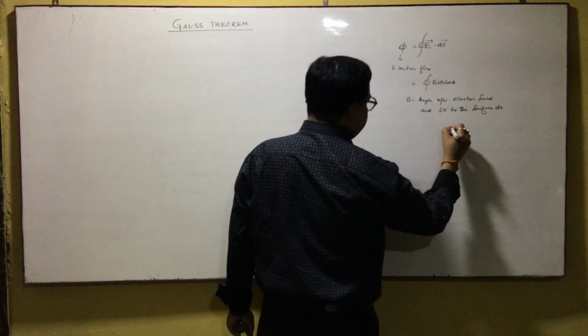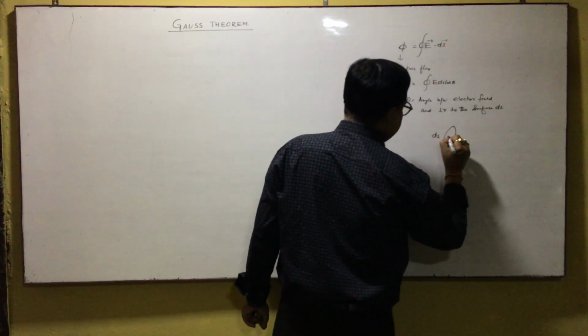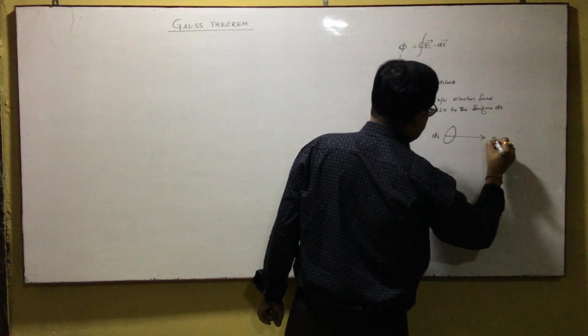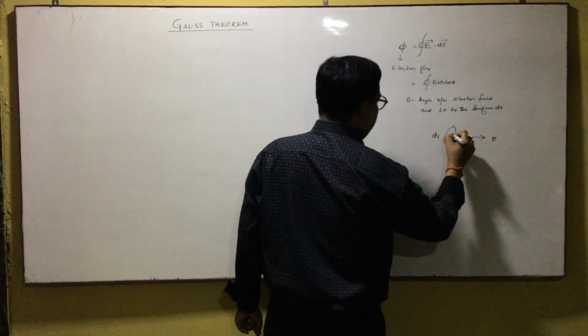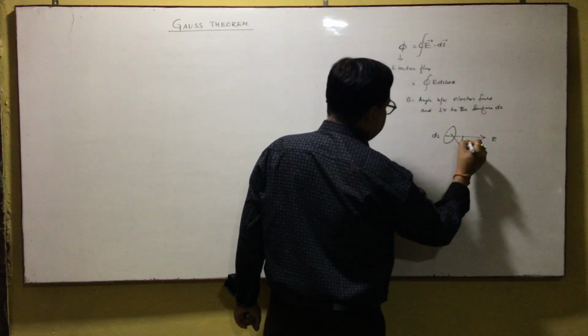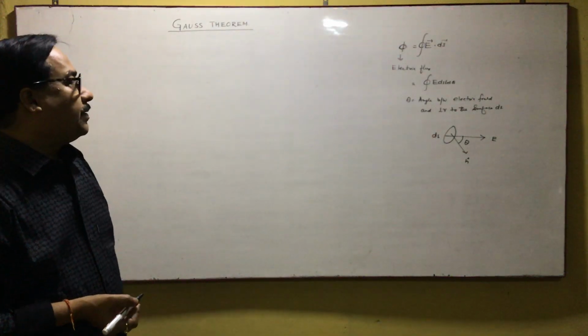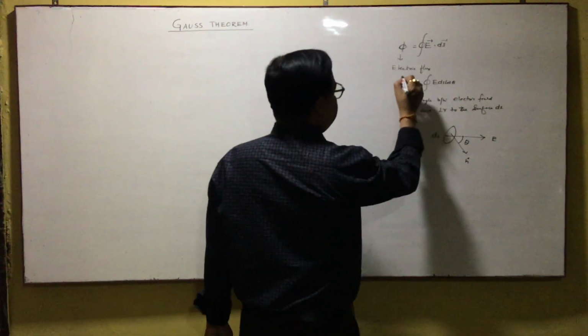So if this is ds and this is the direction of electric field and perpendicular to this is n, this angle is theta. So E ds cos theta over a closed surface gives electric flux.